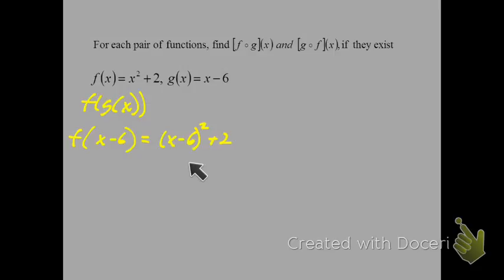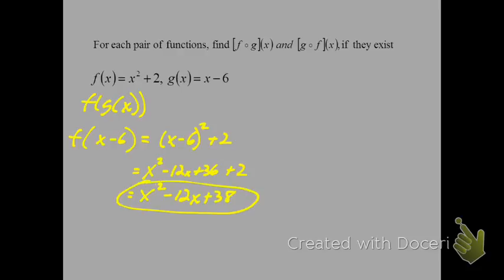So make sure, like I said, one of the most important things you guys will need to learn is how to square a binomial. Here's another example of it. So you FOIL this out. x minus 6 times x minus 6 gives you x squared minus 12x plus 36 plus 2, which gives you x squared minus 12x plus 38. And that's your final answer there.